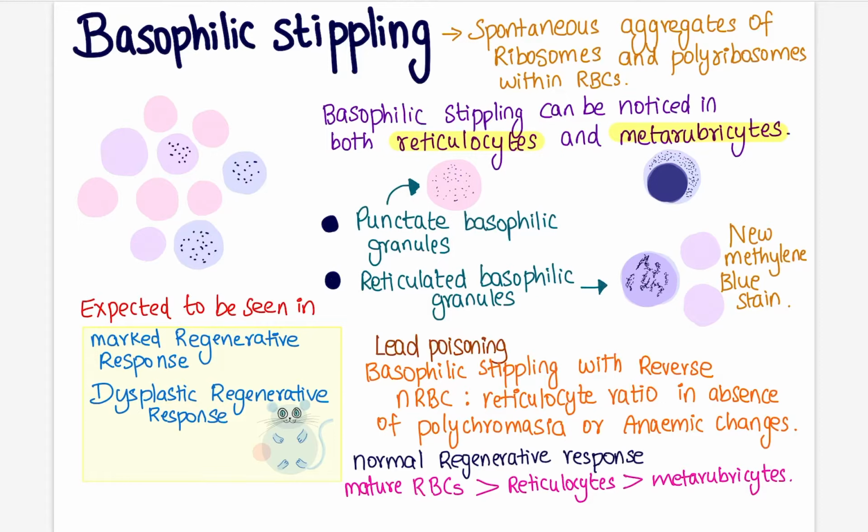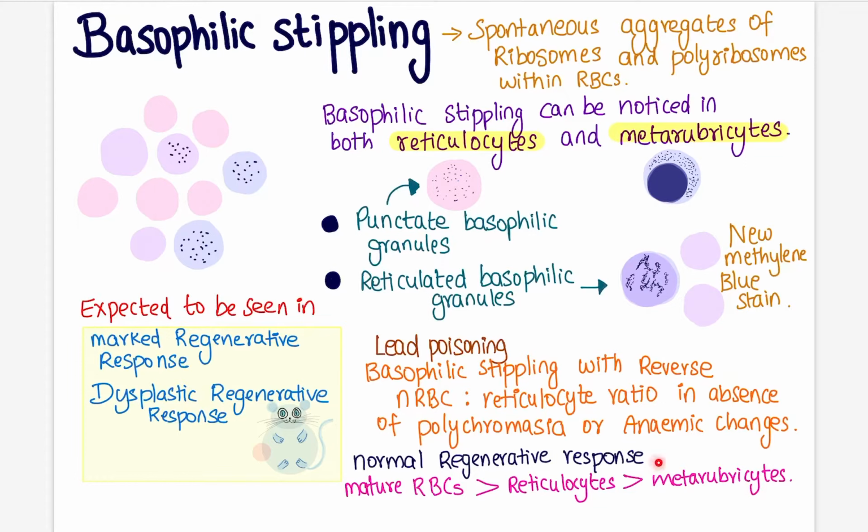Whenever there is anemia due to hemorrhage or hemolysis, nucleated RBCs will be there, reticulocytes will also be released, and mature erythrocytes will also be there. But the percentage varies.